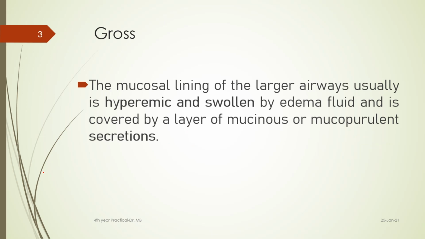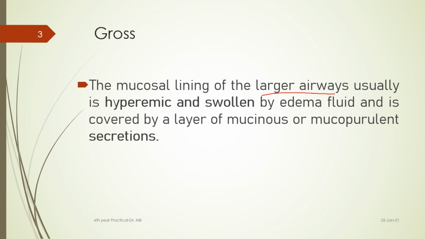The main gross morphological feature of chronic bronchitis is that it affects the larger airways and their mucosal lining, and then there are changes on the surface, and then there are changes in the deeper areas.